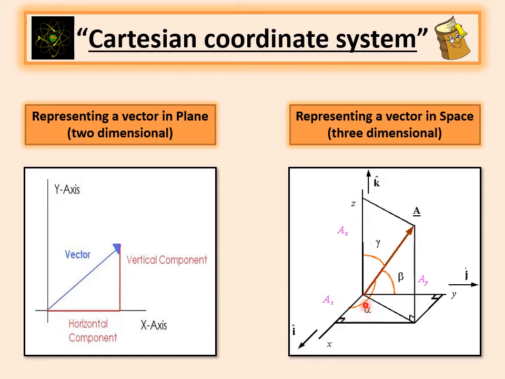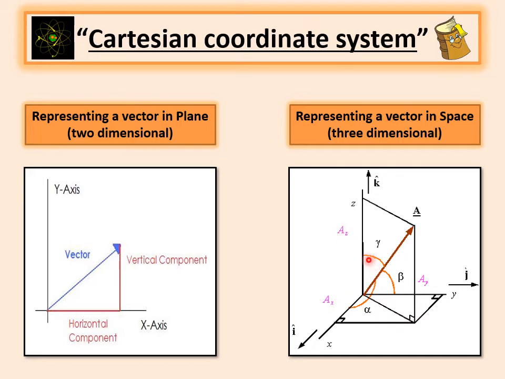The component which is parallel or along the direction of the x-axis is called A x. Similarly, the component of our vector A which is along the direction of the y-axis is A y, and the component which is along the direction of the z-axis is A z.